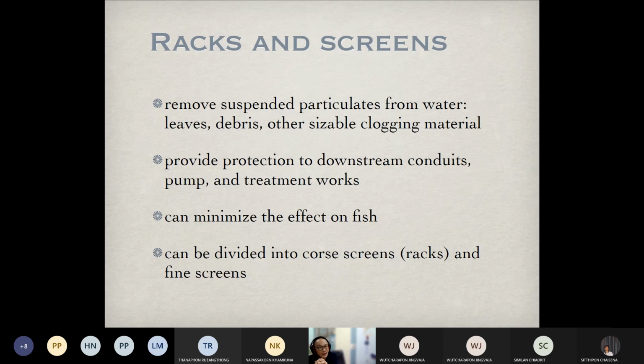Generally we call them racks. And the fine screen also can be used to prevent the sand particles which may enter into the pumping facilities, because they are moving equipment, and in the end they may cause damage.